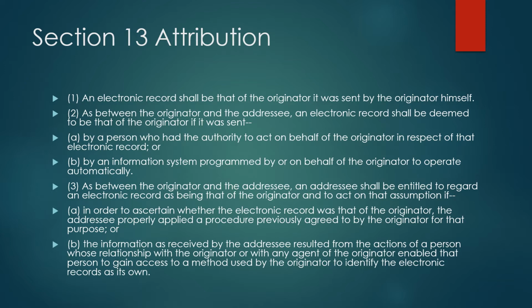So, subsection 3 describes the circumstances when the addressee shall treat an electronic record as that of the originator and act on the assumption that the electronic record is that of the originator.